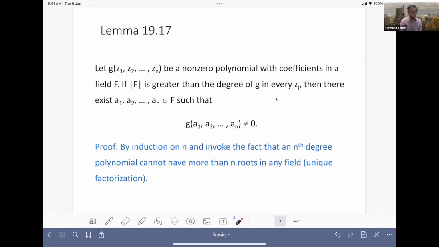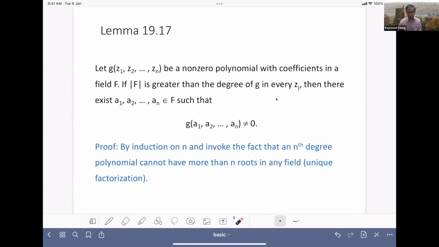Let g be a non-zero polynomial with indeterminates z1 to zn, with coefficients in the finite field F. Now, if the finite field is sufficiently large, specifically if the size of F is greater than the degree of g in every one of these indeterminates, then it is possible to assign values to these indeterminates, to assign a1 to z1, a2 to z2, and so forth, such that the polynomial evaluates to a non-zero value.